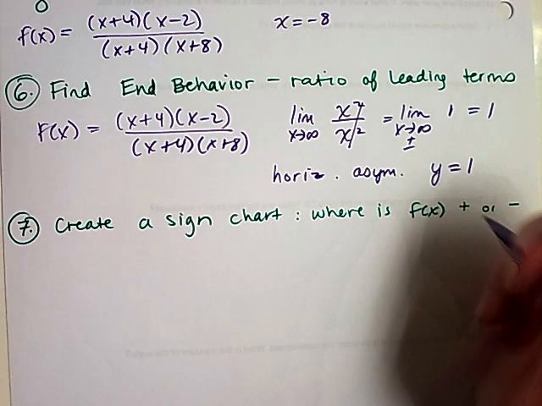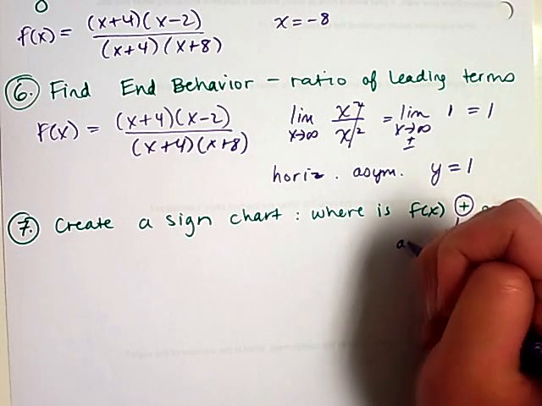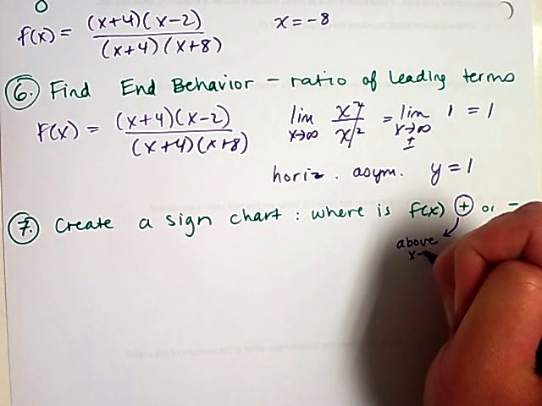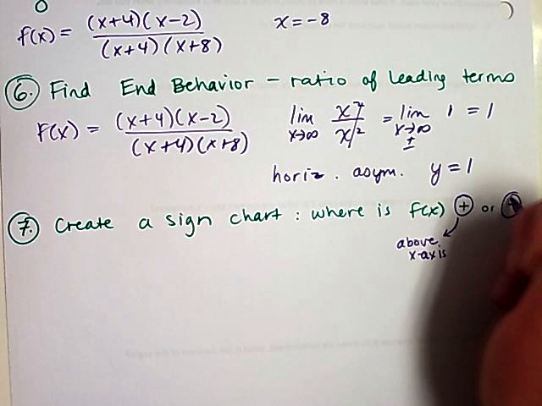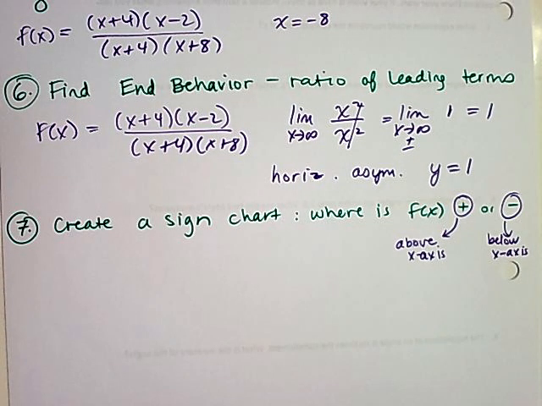Positive is where our function is above the x-axis, to think about it visually, and a negative value for f of x means that our function is below the x-axis.